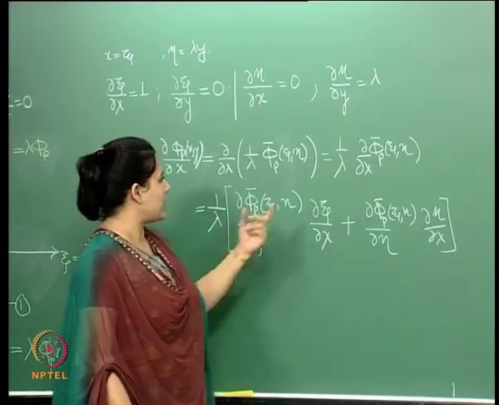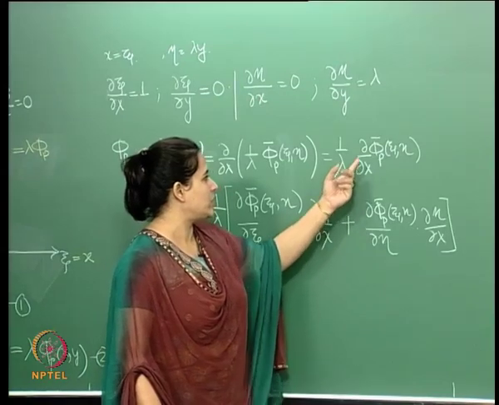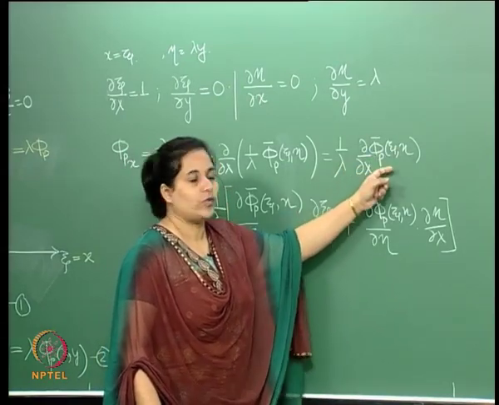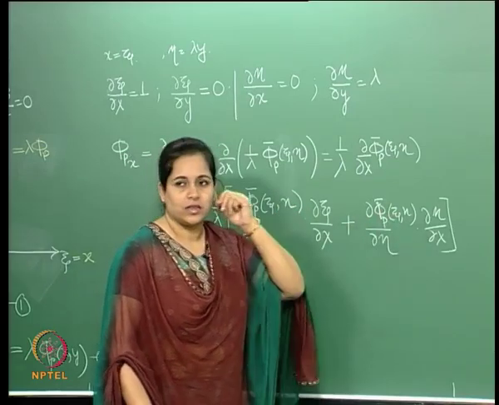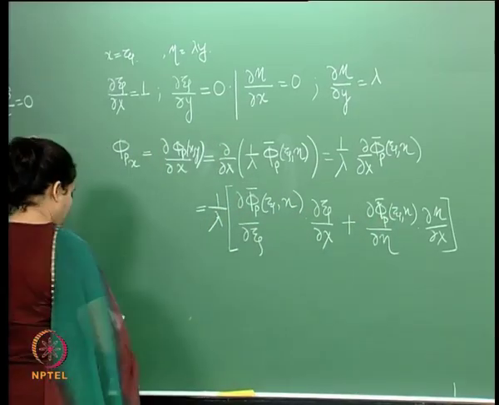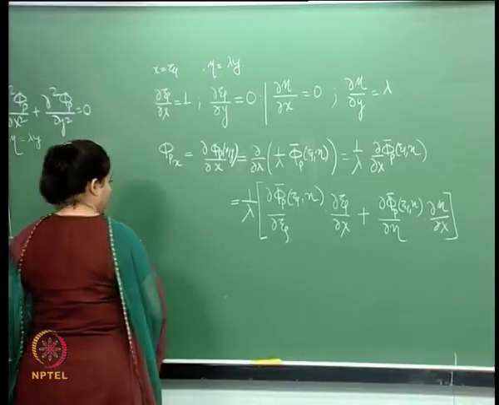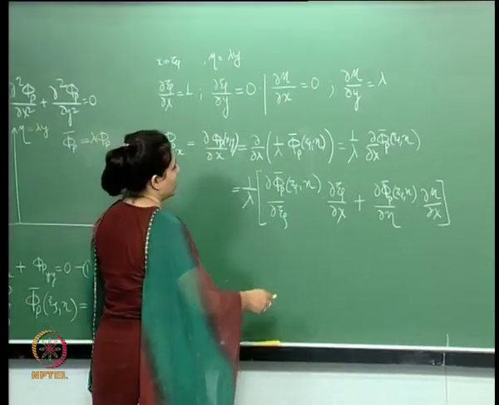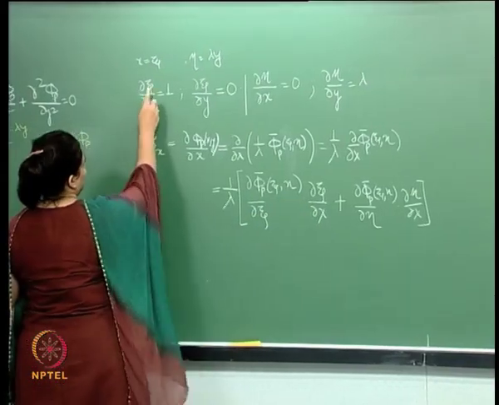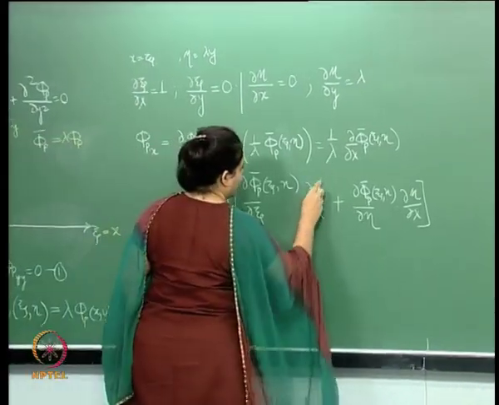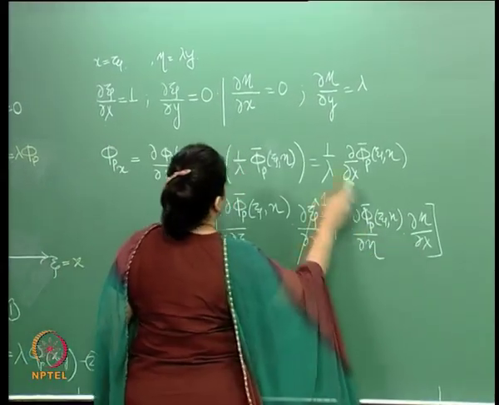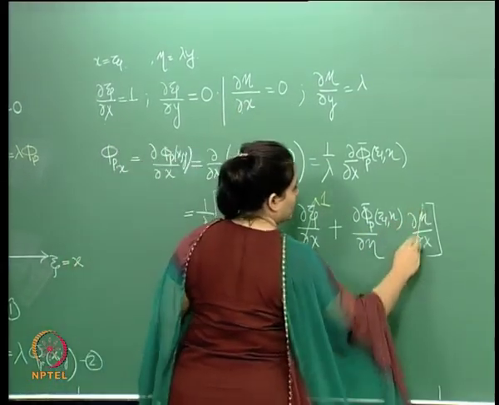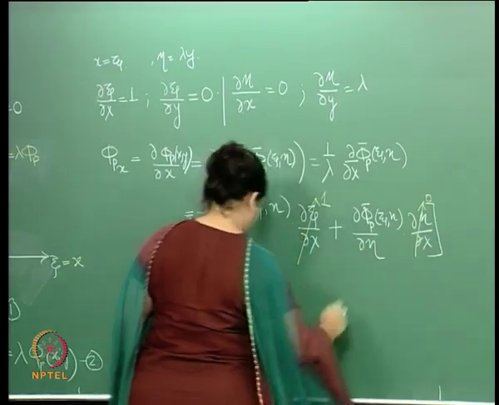Which means that if you change x, we need to take the change in phi p with the change in zeta as well as the eta coordinates. Okay. Now, as we have just seen, del zeta del x is 1, right, and del eta del x is 0. So, then this is 0, right.